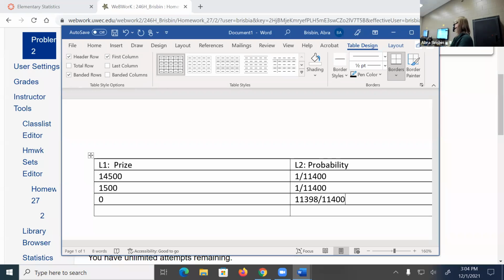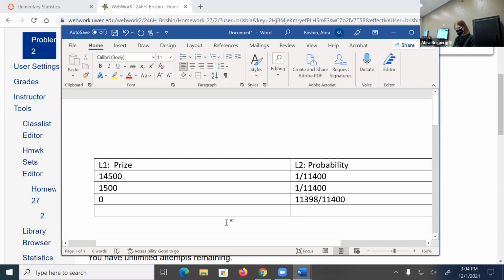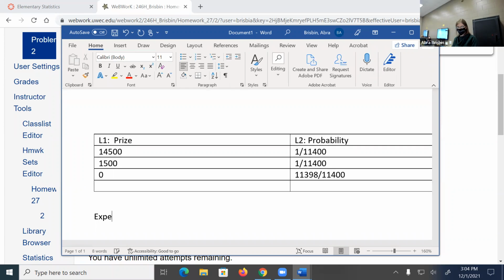So you want to make sure that the probabilities add up to 1, because the probability of something happening has to be 1. And then to find the expected prize value, that's going to be the mean prize weighted by the probabilities.